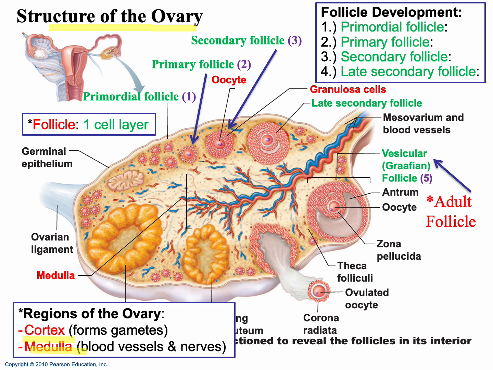The cortex is the outermost region, which is where the gametes are formed, the sex cells, referring to, of course, the egg. The medulla is more internal, in the middle, which contains blood vessels and nerves. So here's the medulla, you can see right here, in contrast to the cortex out here. So medulla in here, cortex out here.